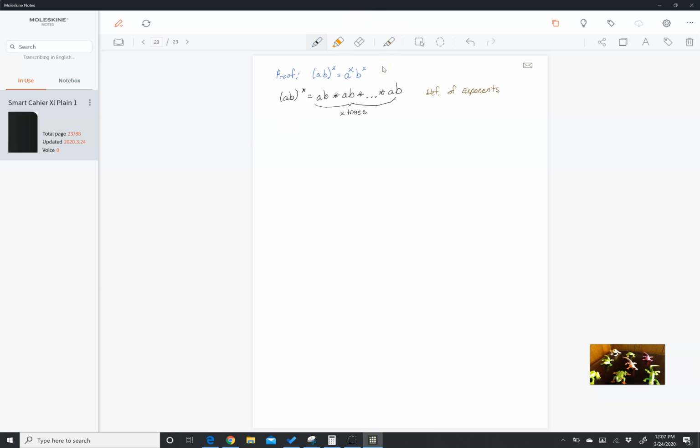So now we can actually rearrange this. So we can use, this is all multiplication. This is a times b times a times b times a times b, and so forth. So we can rearrange this and we can say ab to the x is really a times a and so forth times a, and then times b times b times b.